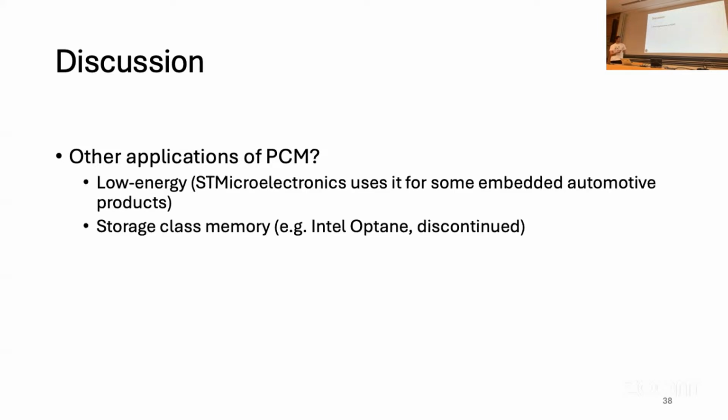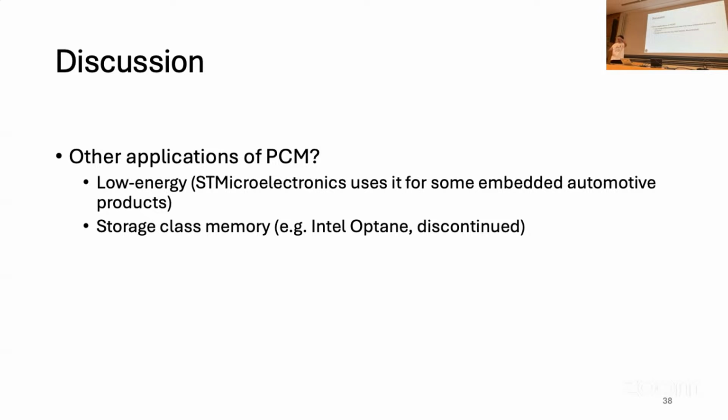So, low energy embedded systems, we already mentioned that. And there was a commercial product made by Intel called Intel Optane. It's on the side of storage class memory, which is the additional layer in the memory hierarchy that I mentioned.